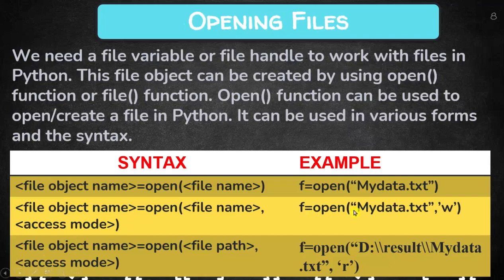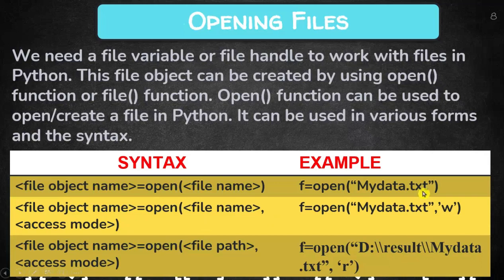So here you can simply assume that we can also write the access mode. Either I can write r for read, w for write, or a for append. How they work and what they do, we will discuss in later classes in great detail.